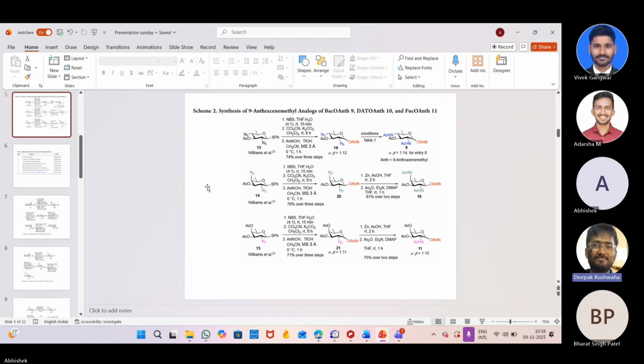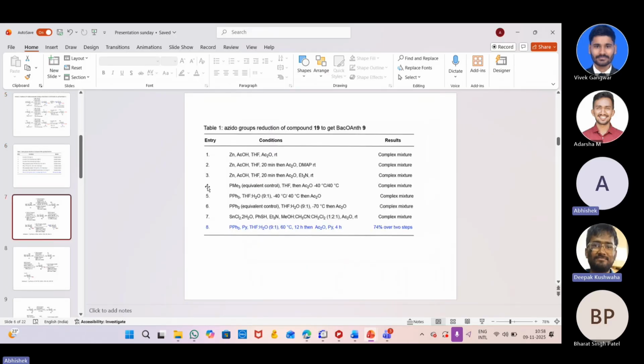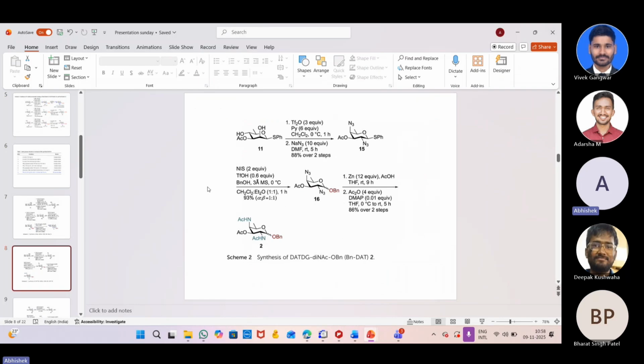Because if you see benzyl, they have coupled the benzyl group directly with the thiodonor using NIS. So they are changing this donor and constantly changing the solvent system also, in different cases. Yes, okay, Abhishek.